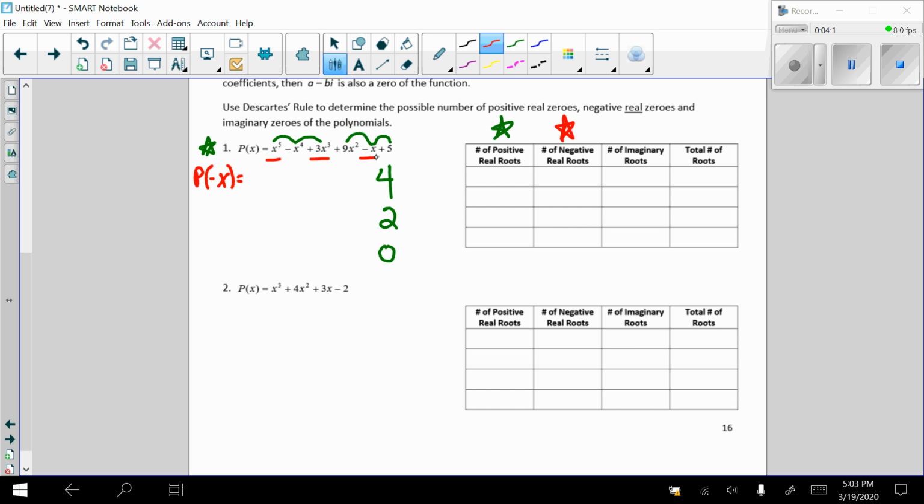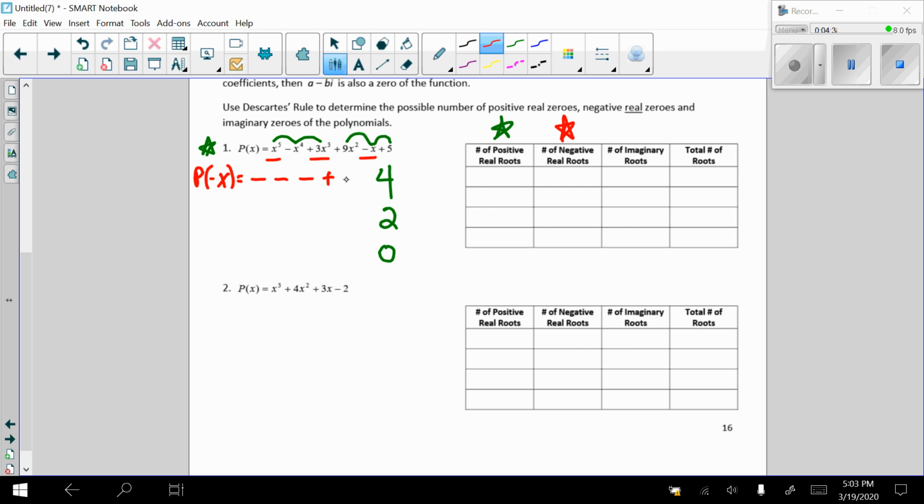So we have x to the fifth, x to the third, and x to the first. All of those terms will change signs. So x to the fifth goes from positive to negative. Negative x to the fourth will not change. X to the third goes from positive to negative. Positive 9x squared will not change.